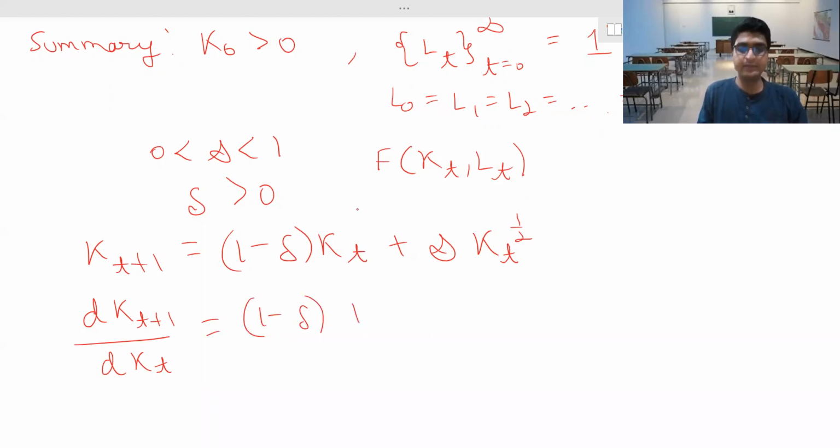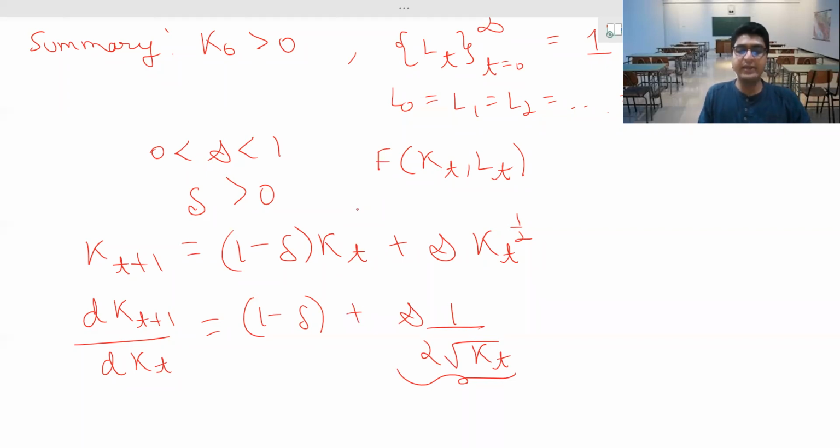K_t का हो जाएगा 1. सेविंग रेट, K_t to the power of root x का होता है 1 upon 2 root x, तो 1 upon 2 root K_t. Okay, and clearly this part is positive, right? Capital cannot be negative. Negative capital, negative amount of equipments, negative amount of machinery doesn't make any sense. So this thing has to be positive.